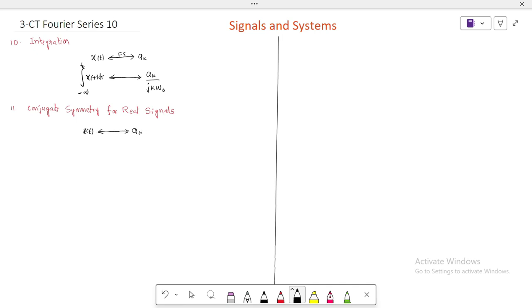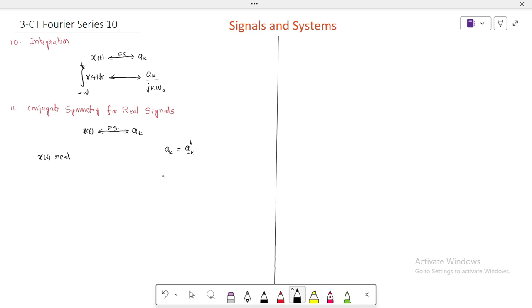Then a minus k is the complex conjugate of ak. So the real part of ak is the same as the real part of a minus k.